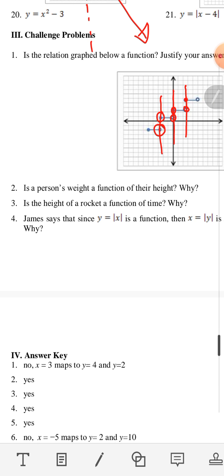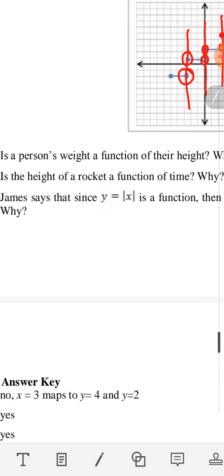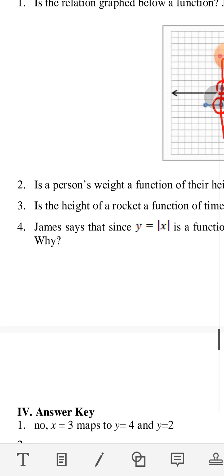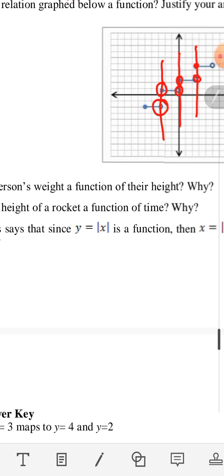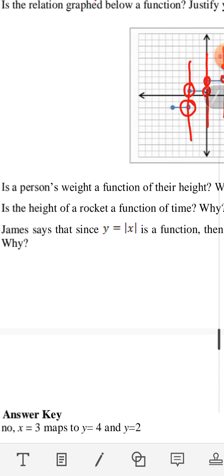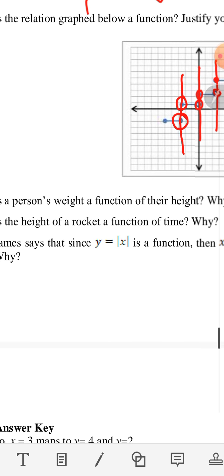Alright, is a person's weight a function of their height? Not necessarily, because you can have two people that have the same height but different weights, or same weight but different heights. Does that make sense? You can have Trevor and Hudson maybe having the same weight but different heights.